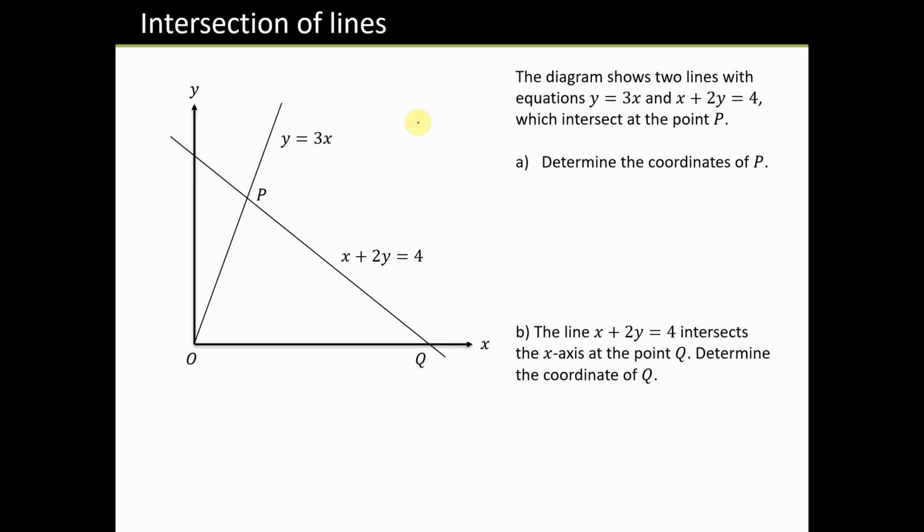Okay, so into that first example, the intersection of lines. From our work with simultaneous equations, we can actually use that in this case. Determine the value of p, that's where they intersect. So we can use simultaneous equations here to find points of intersection.